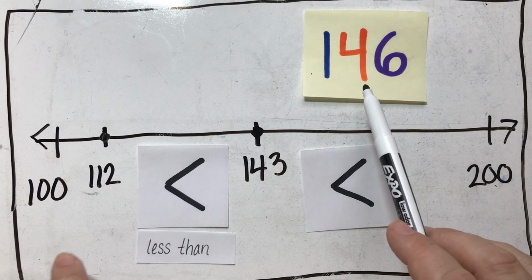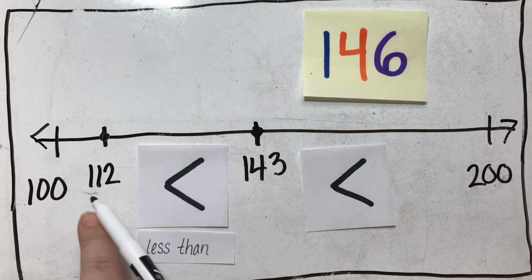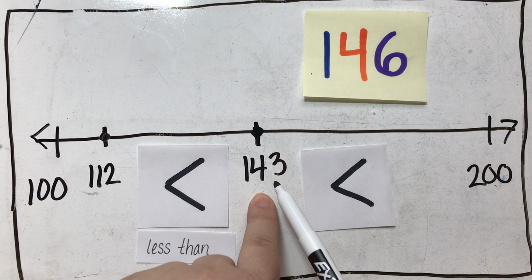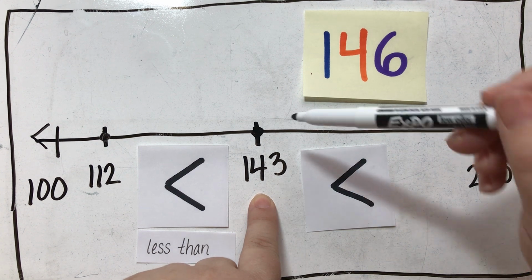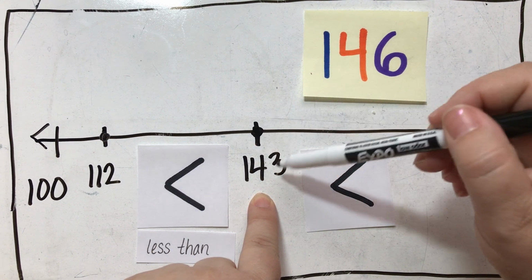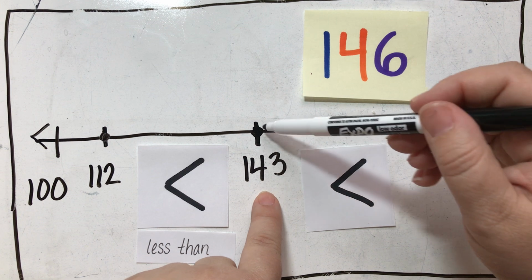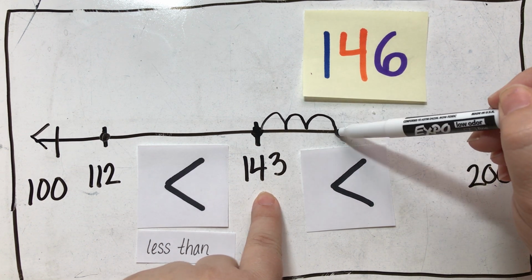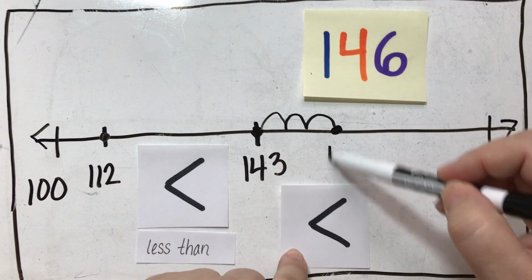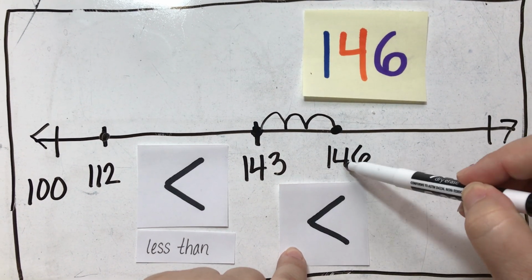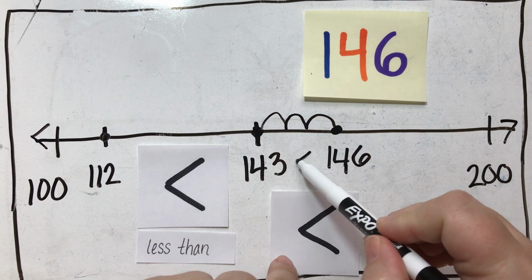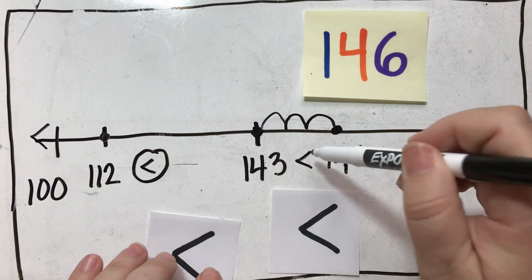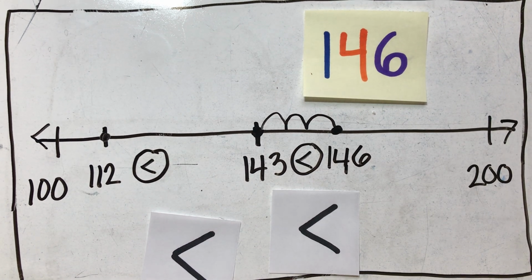I see that there are 4 tens, the same number of tens as 143, but if I count on my number line, 143, 144, 145, 146, I could put 146 right there. And again, you can see that these signs that we normally see inside of these circles are applicable as you go down your number line.